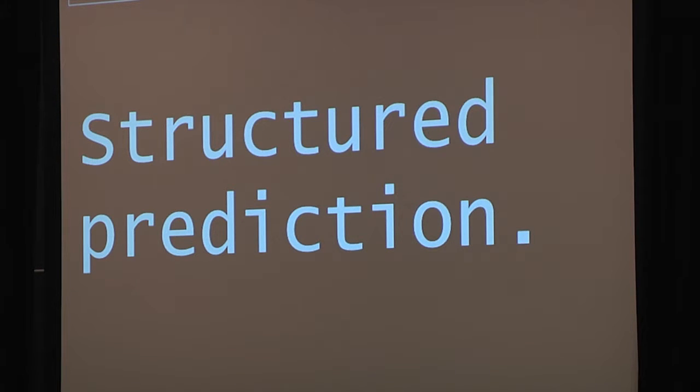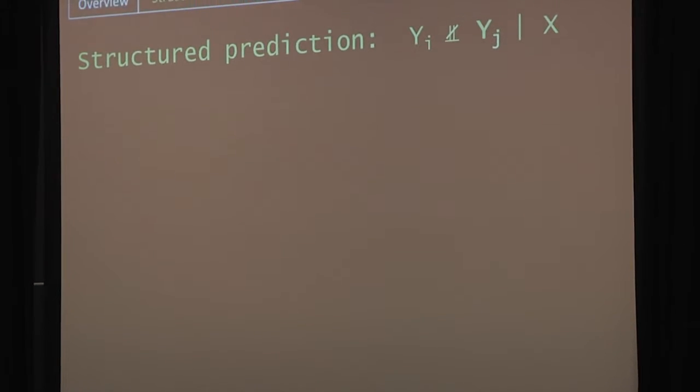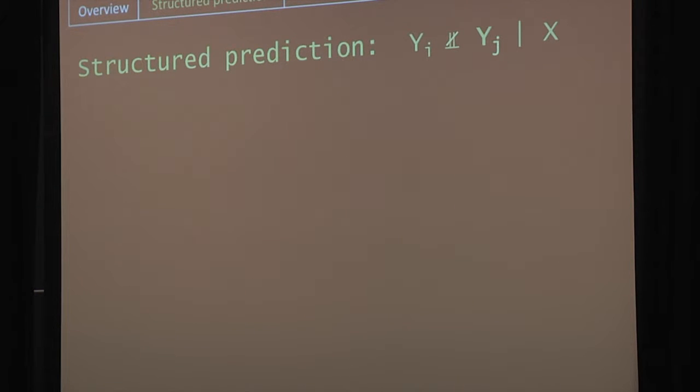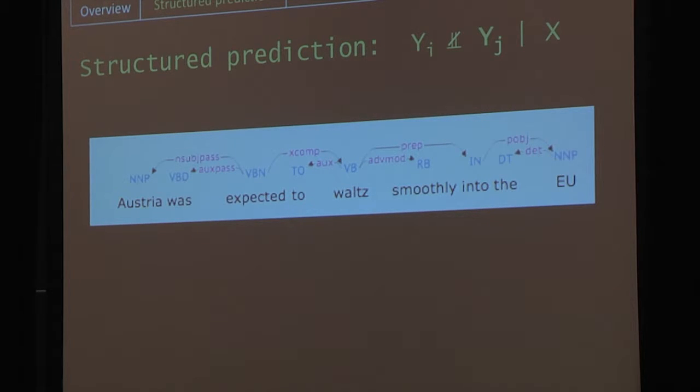So what do we mean exactly by structured prediction? We're interested in problems where the output we're trying to predict consists of several variables with direct dependencies among themselves. So yi and yj may not be independent given the input x. Examples include the NLP problems where the input is usually a sequence of words and the output may be a sequence, a tree, or a graph of syntactic or semantic categories.